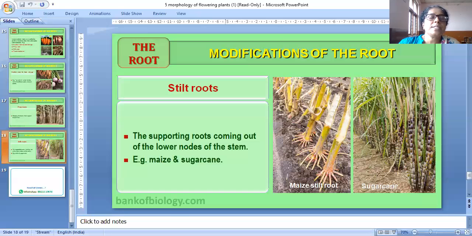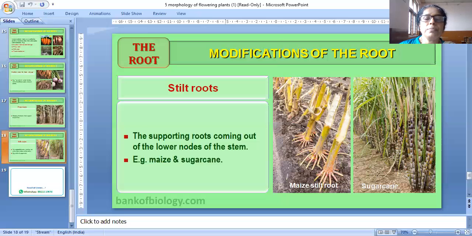The ovary here is said to be half inferior. All the floral whorls are at almost the same level. Then epigynous: in epigynous flowers, the margin of thalamus grows upward, enclosing the ovary completely.